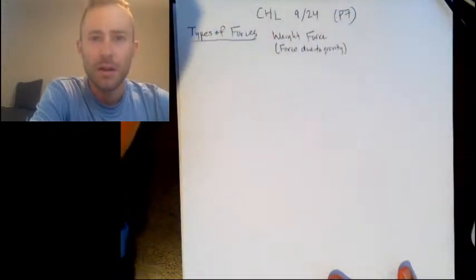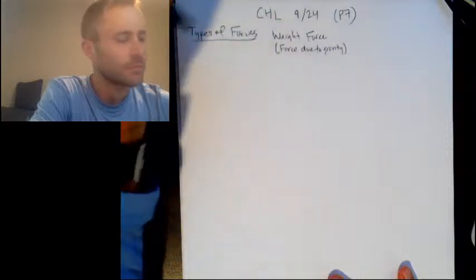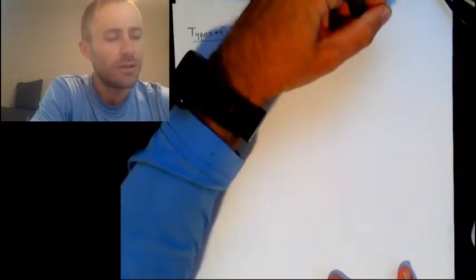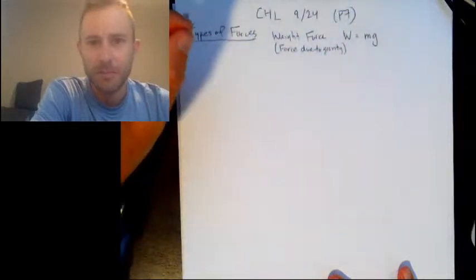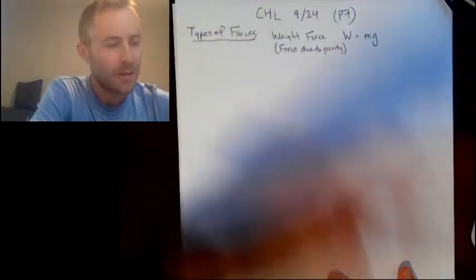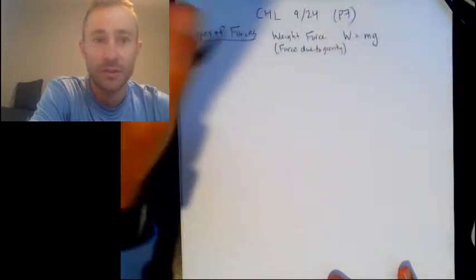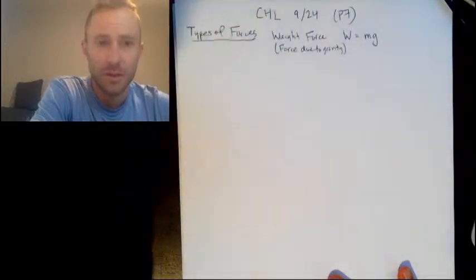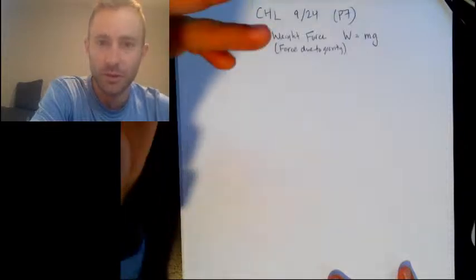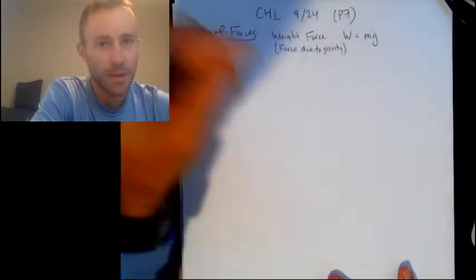I'll denote the weight force by W, and it is equal to mass times gravity. So m is the mass of the object, g is the acceleration due to gravity at that particular location. So if this was on Earth, you would use g equals 10.